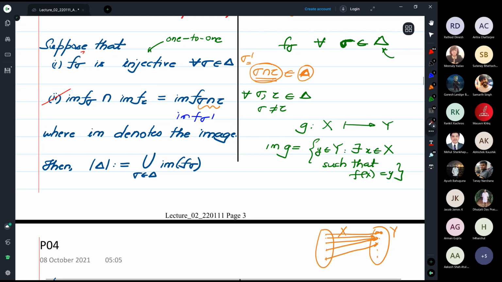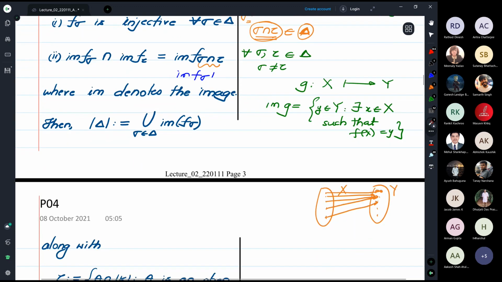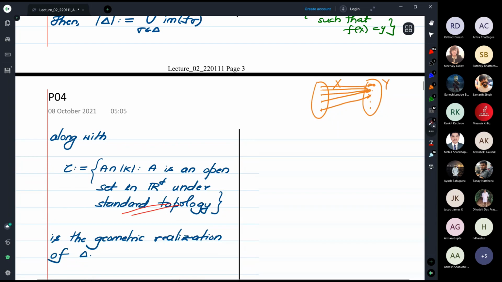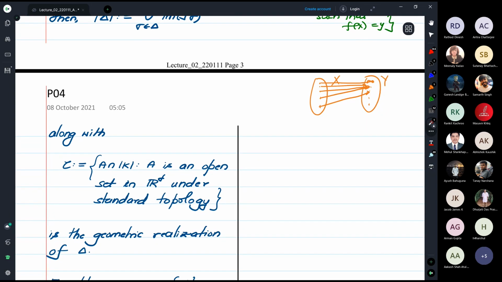If these two conditions are satisfied, then if you take the union of images of f sigma over sigma in delta, this union we will represent by this notation over here. This, along with a bunch of sets we will refer to as open sets, is indeed the geometric realization of delta, right? Now the last thing I need to explain is what are these open sets over here, right?